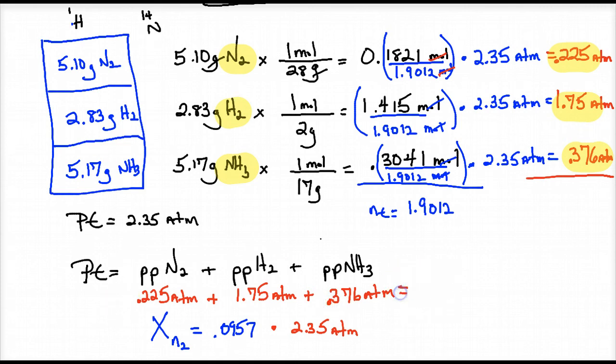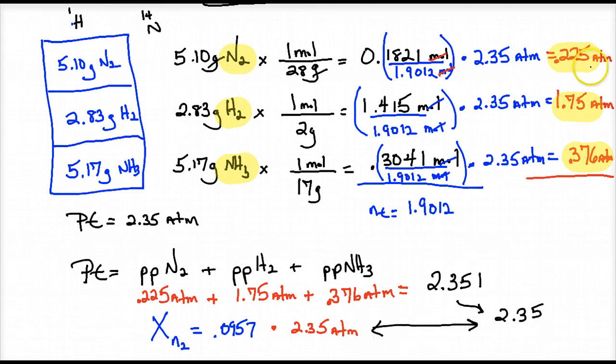And what do we get, party people? Let's see. Add these up. And I get, believe it or not, wow, 2.351, which would round off to 2.35, which is what we got for the total.